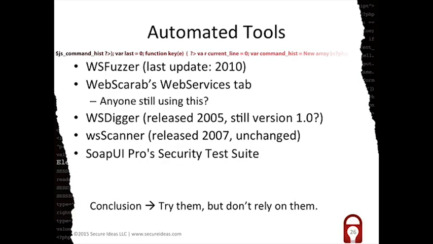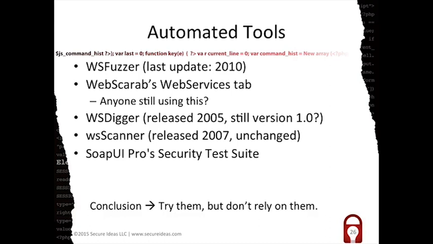So let's take a look at some of what's out there. There's a cool tool called WS Fuzzer, and I think it's the most recent one I have on here with the exception of SOAP UI. And it's actually pretty good.